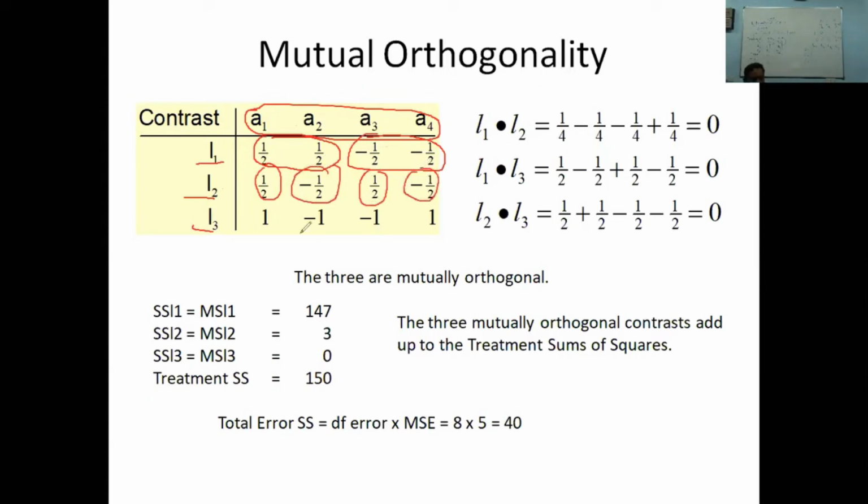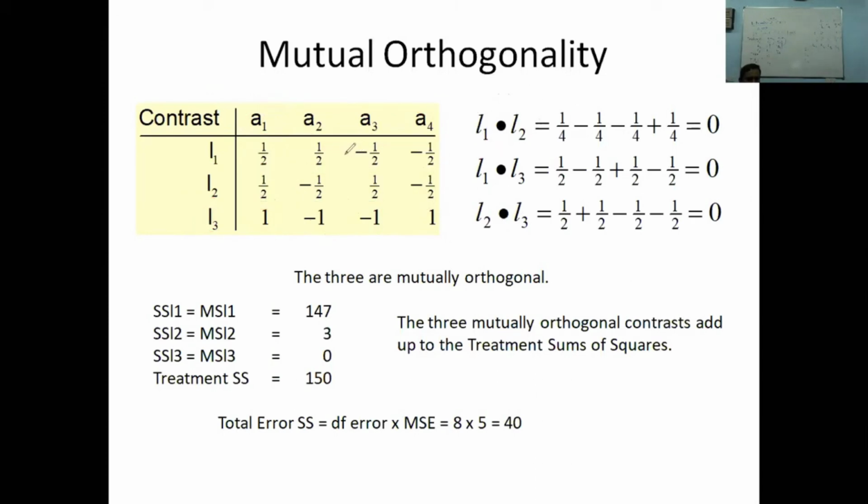That is the second contrast. The last contrast is A1 plus A4 versus A2 and A3. Clear?